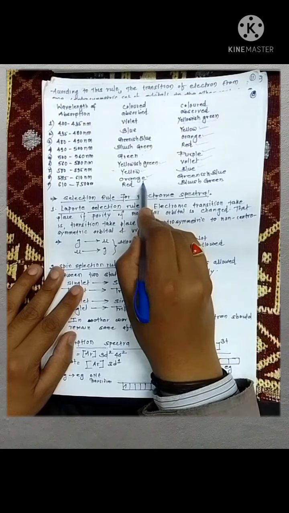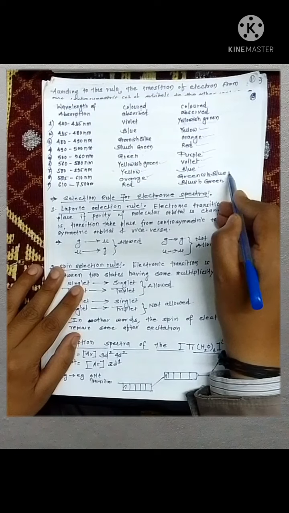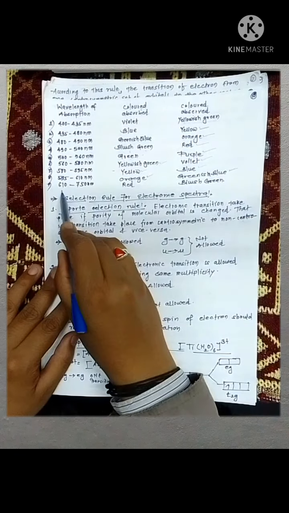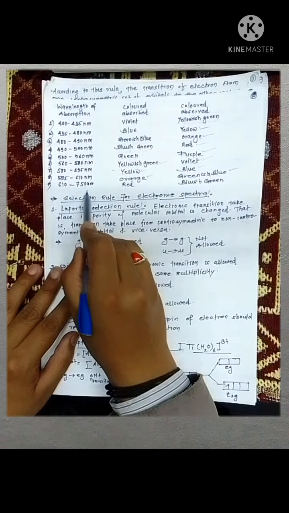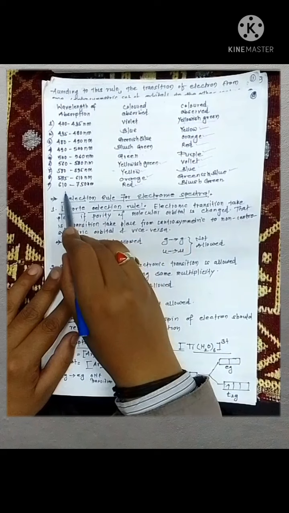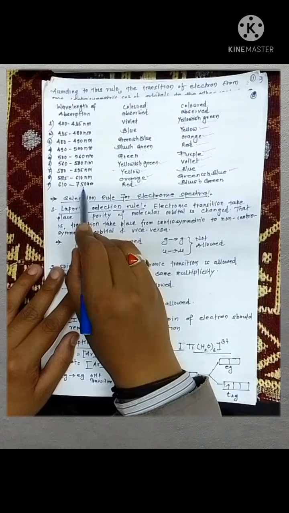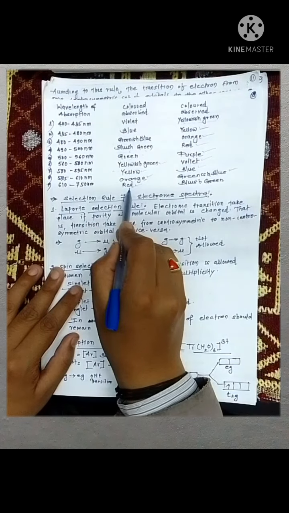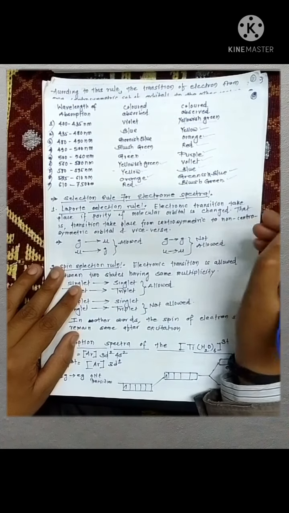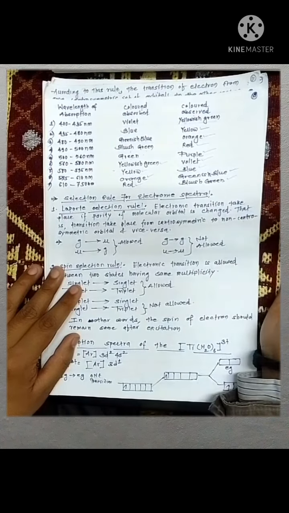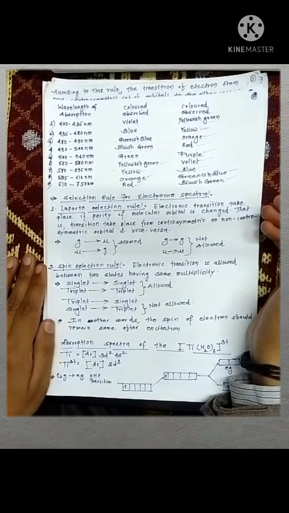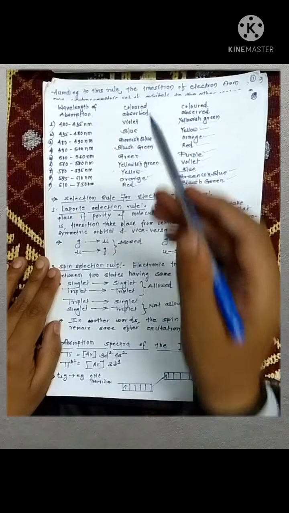When this orange light is absorbed, greenish blue color is seen by the observer. When 610 to 750 nanometer is absorbed, that is red color, the wavelength of red color, the complex is seen by the observer as bluish green. So the complementary color is seen by the observer, not the absorbed color.